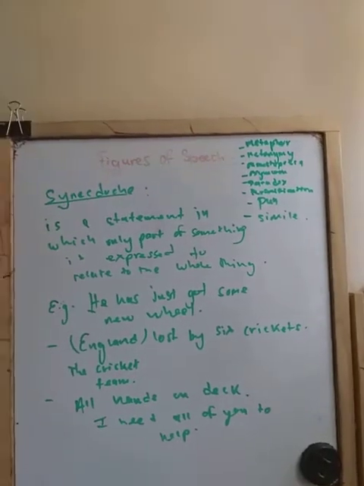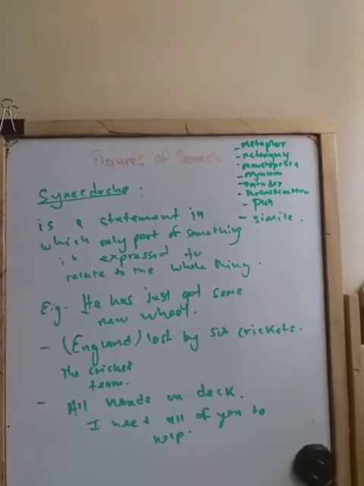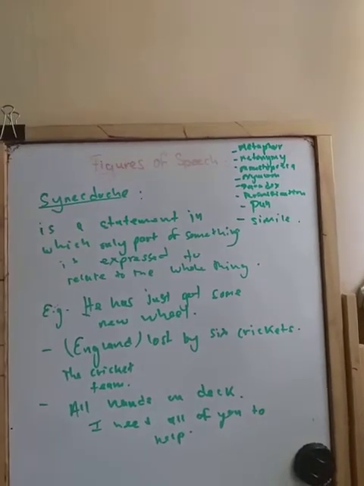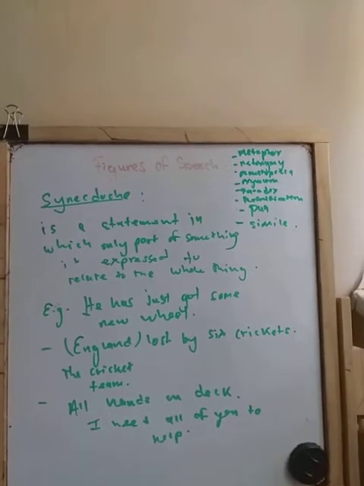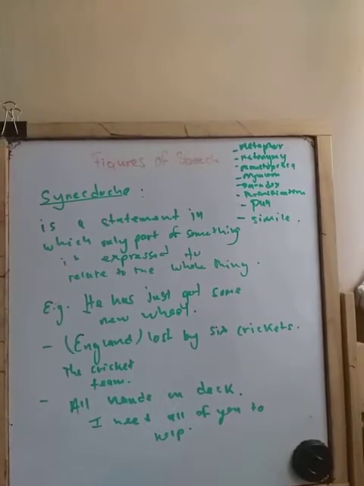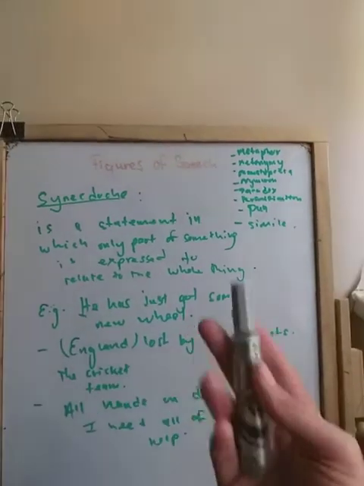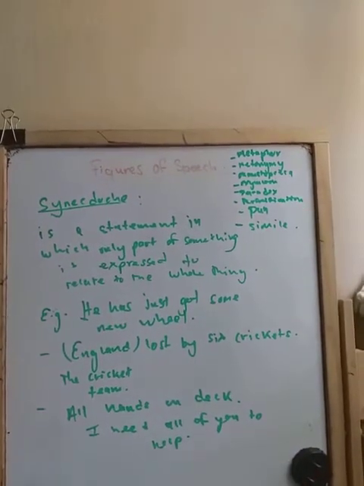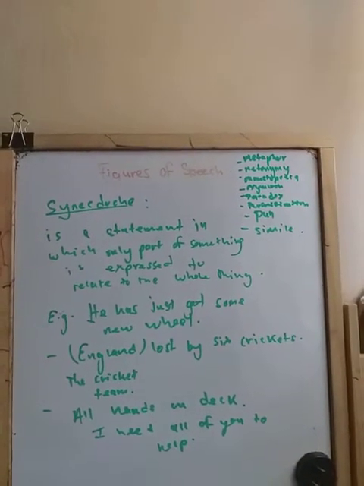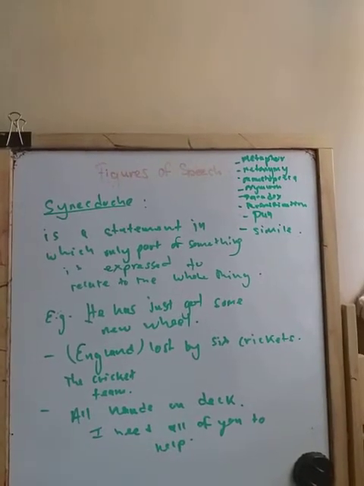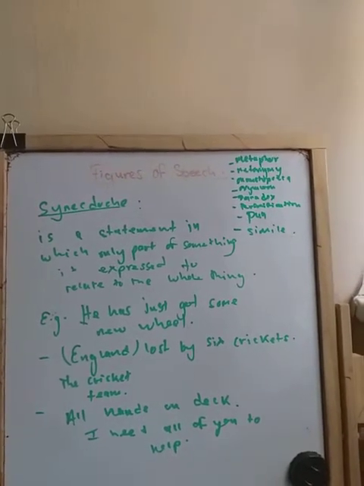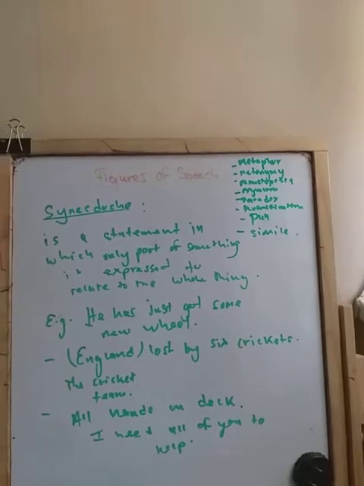He has just got some new wheel. He has just got a new car. Okay, that's a synecdoche. I think you understand now what it is. It's when you don't have to express the whole thing, or you use part of one thing, and we can associate it to a whole thing.